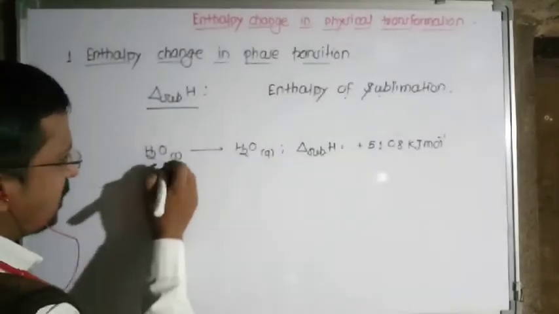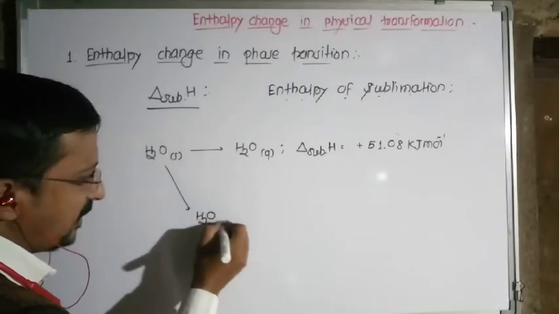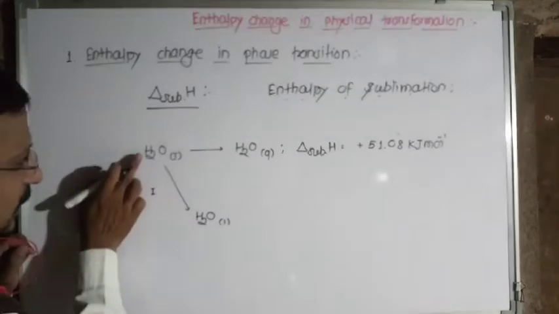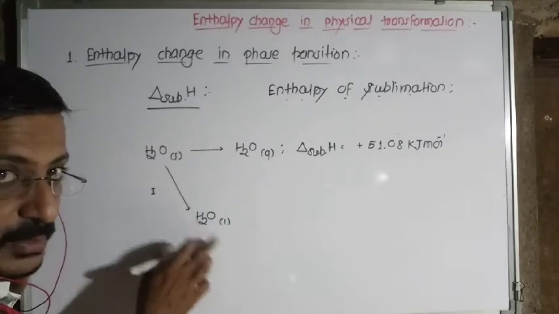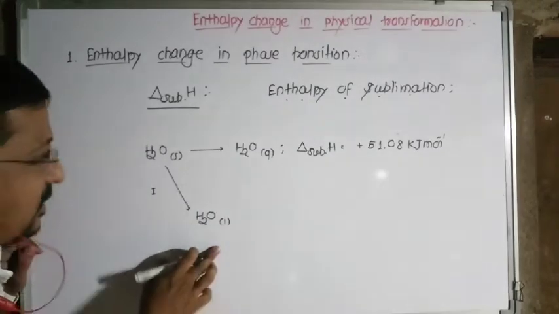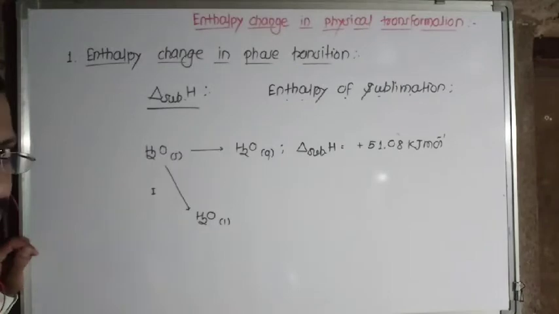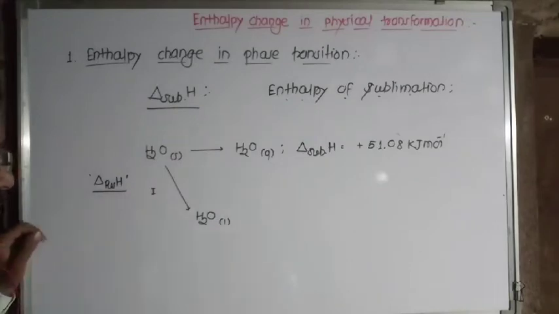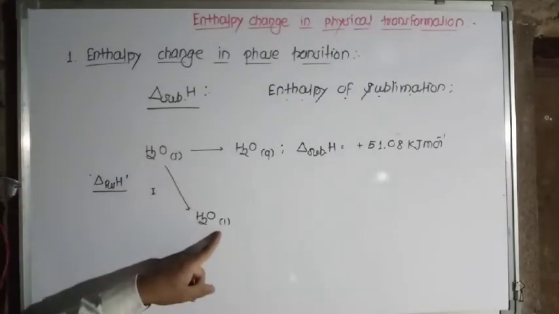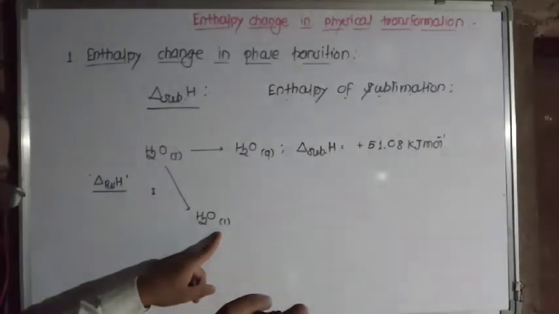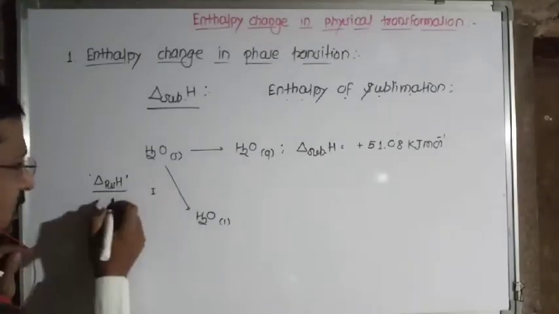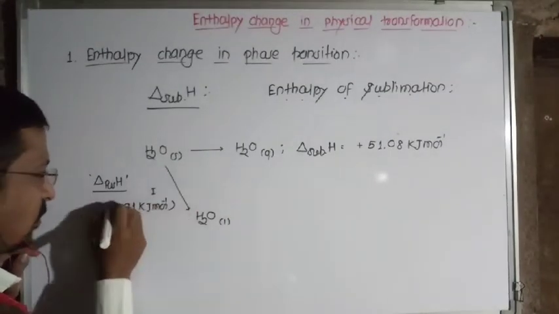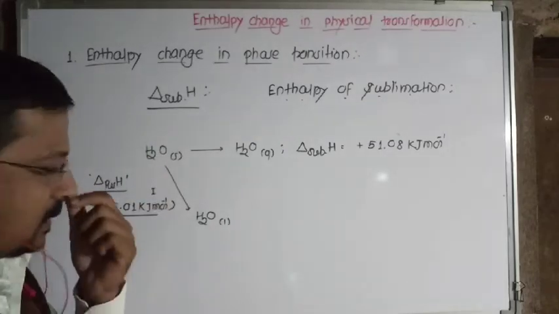Instead of this, if I convert this H2O solid to H2O liquid state, the conversion of solid to liquid is enthalpy of fusion, delta fus H. For conversion of 1 mole of solid into liquid state without change in pressure at constant temperature, the value of enthalpy of fusion is found to be plus 6.01 kilojoule per mole. We know this value, we already studied it.